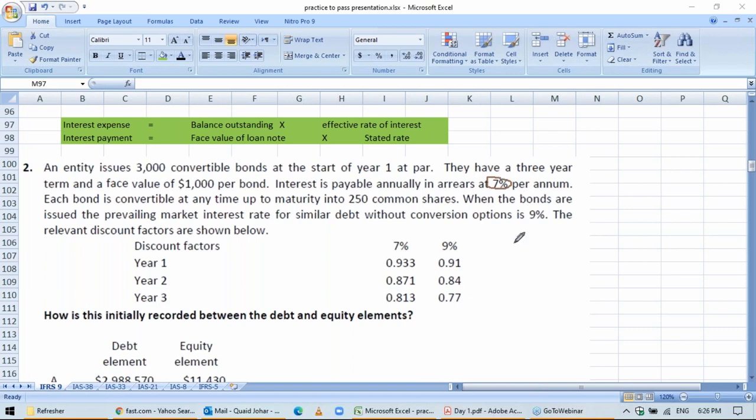Each bond is convertible at any time up to maturity into 250 common shares. This is the conversion ratio. And when the bonds are issued, the prevailing market interest rate for similar debt without the conversion option is 9%. So this is the effective rate. This is the rate at which we will calculate the interest expense on this bond.